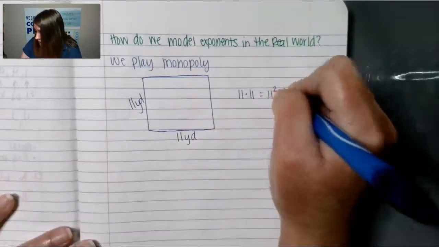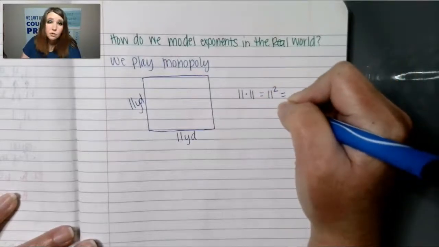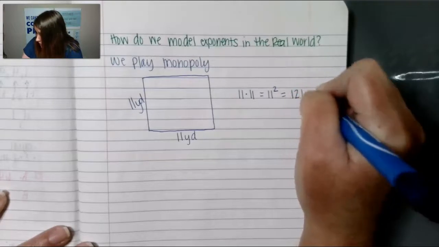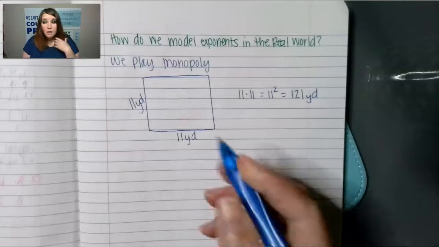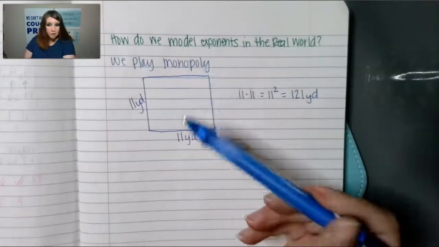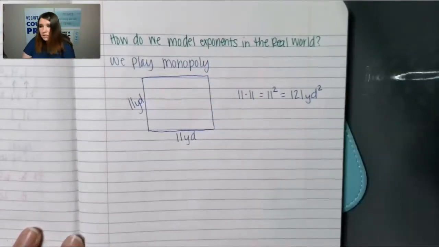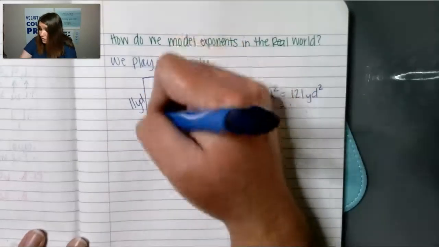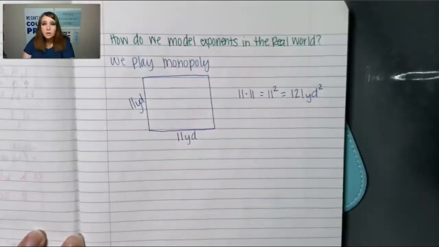So if I did 11 times 11, or 11 squared, I know that the value of 11 squared is 121 yards. So my Monopoly board here is made up of, and we're going to square that because it's the area of the board, how much the whole entire board is in square yards.